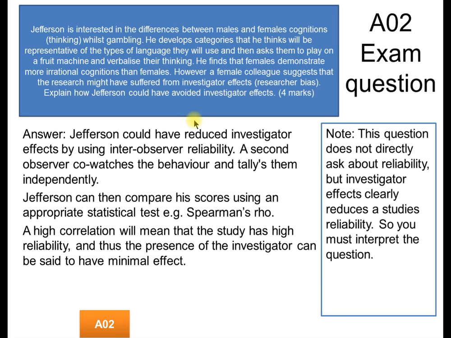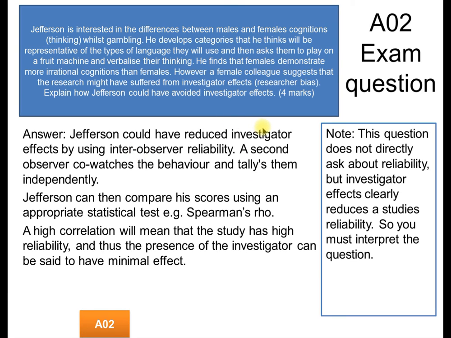He's standing there, he is recording the male and female speech and categorizing it to represent these irrational cognitions. So how could Jefferson have reduced the investigator effects caused by his presence?